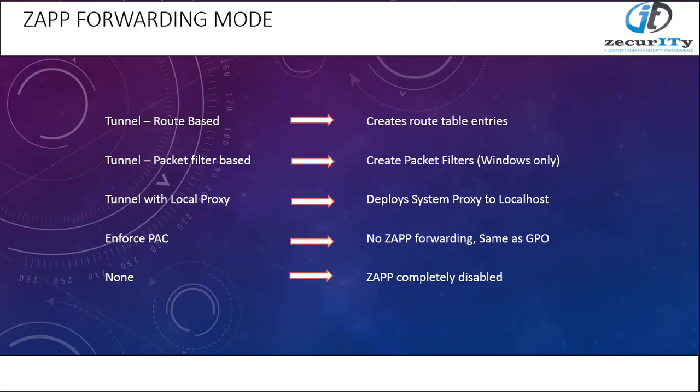Enforce PAC file, ZApp will be in an idle state, will not forward any traffic, but it will enforce the PAC file to all the user machines. This acts as a GPO. ZApp will be completely disabled if the forwarding mode is none.